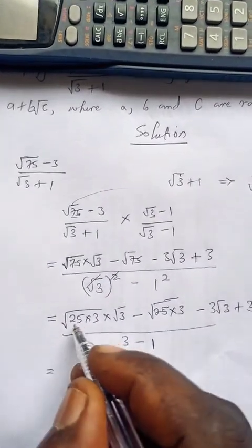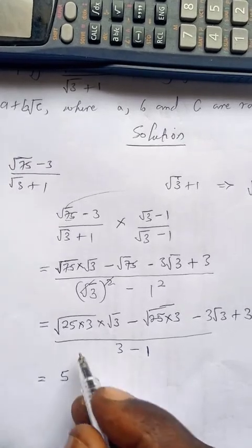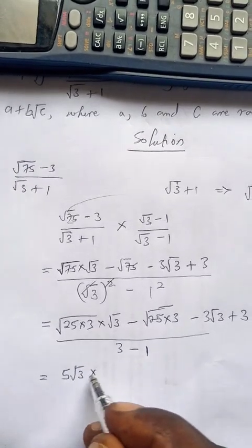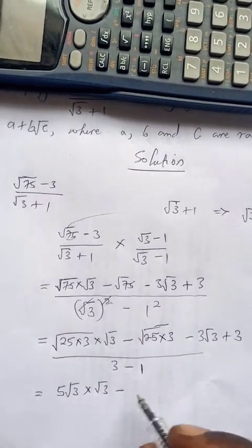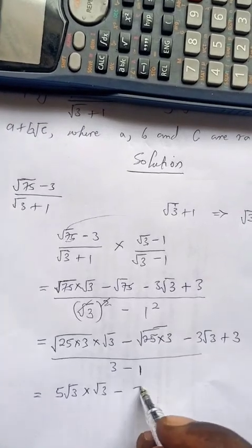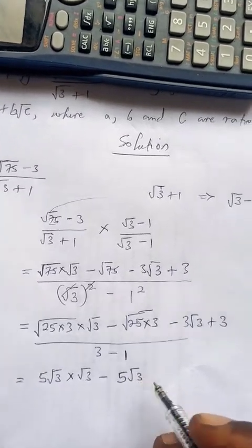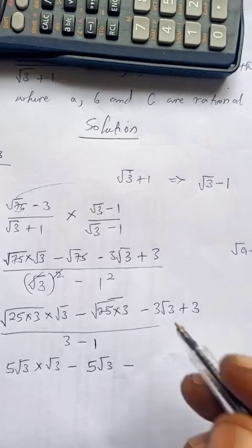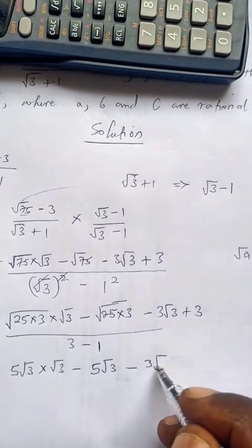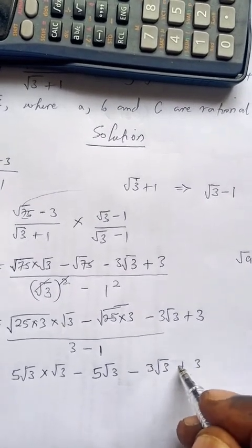Okay, so let's proceed further. The square root of 25 is 5, so we are left with 5 root 3 times root 3, then minus the square root of 25, which is also 5 root 3, then minus 3 root 3 plus 3.